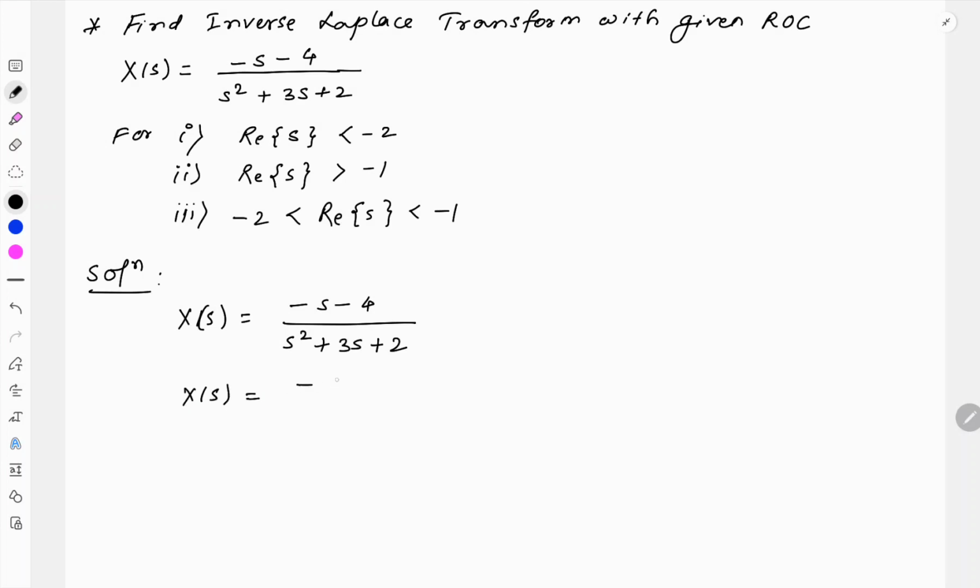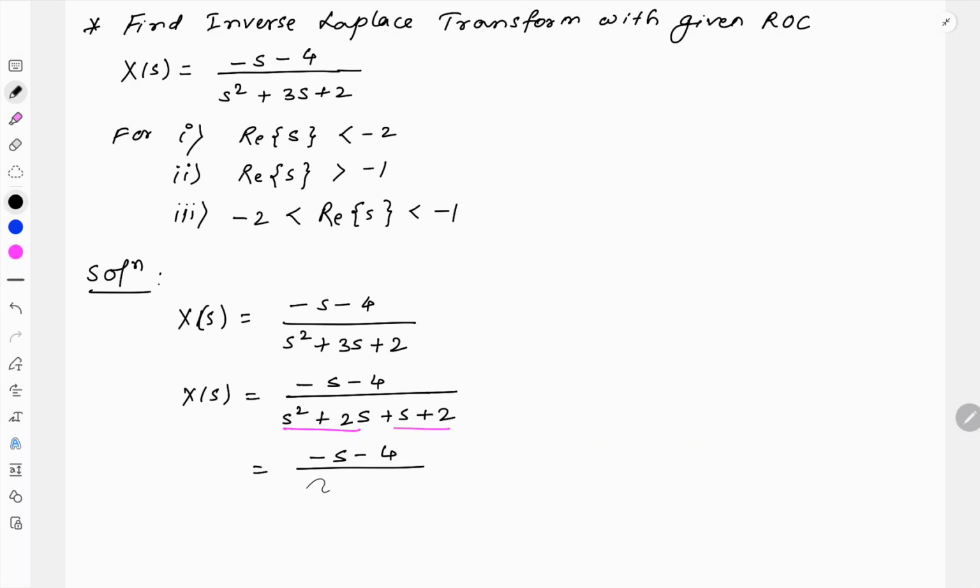So X of s is minus s minus 4 divided by first term as it is. Split the second term 3s into two parts where addition will be 3 and multiplication will be 2. So we can represent it as 2s plus s, which will be 3, and 2 ones are 2 will be the third term. So make pair of these terms, first term and second term.